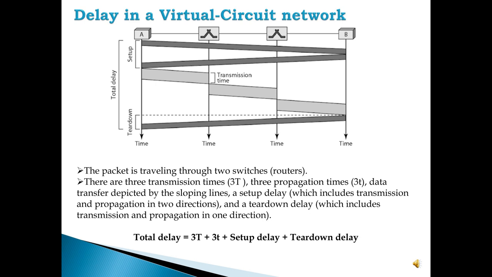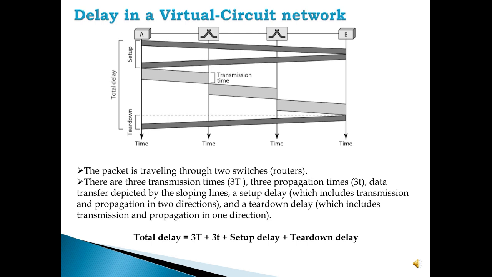Now, delay in a virtual circuit network. The packet is traveling through two switches or routers. There are three transmission times, three propagation times, data transfer depicted by the sloping lines, a setup delay which includes transmission and propagation in two directions, and a tear down delay which includes transmission and propagation in one direction.